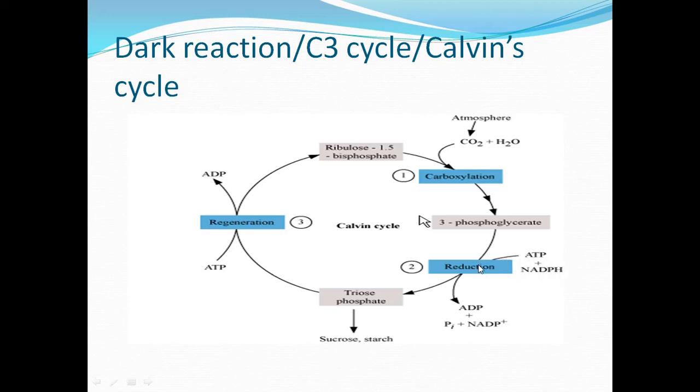Remember that in each cycle, 3 ATPs are used: 2 for the reduction step and 1 for regeneration, and 2 NADPH are used in one cycle. So 6 cycles means 12 NADPH molecules.